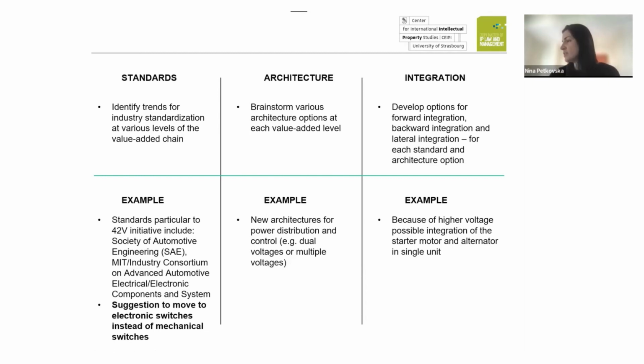for the standards, to identify trends for industry standardization at various levels of the value-added chain. An example is the standards particular to the 42 voltage initiative, which includes the Society of Automotive Engineers, the MIT Industry Consortium, and Advanced Automotive Electronic Components and Systems.